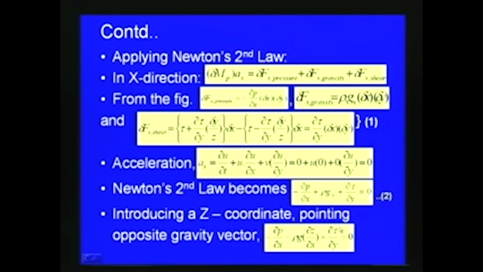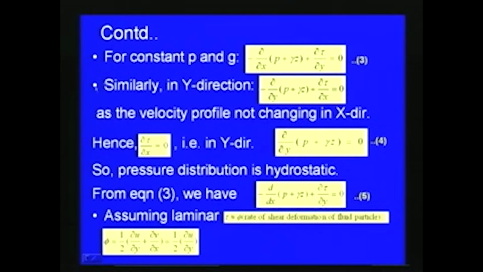So, equation 2 is transformed this way, and then for constant rho and g, the density and acceleration due to gravity, we can write equation number 2 as minus del by del x of (p plus gamma z) plus del tau by del y is equal to 0, as in equation number 3.